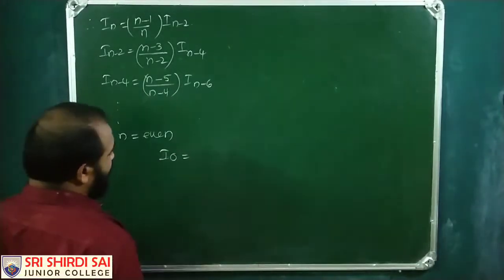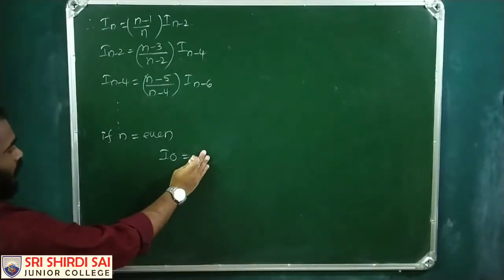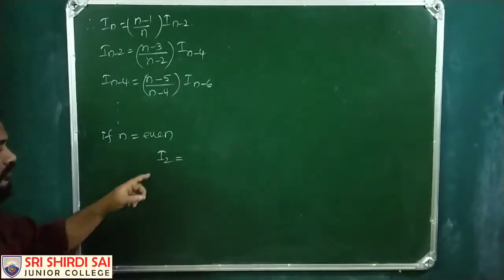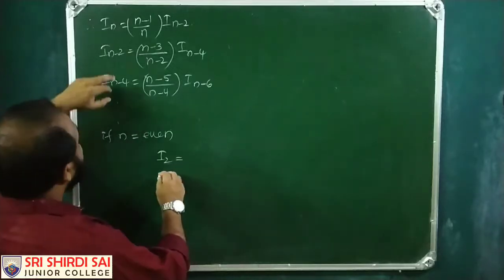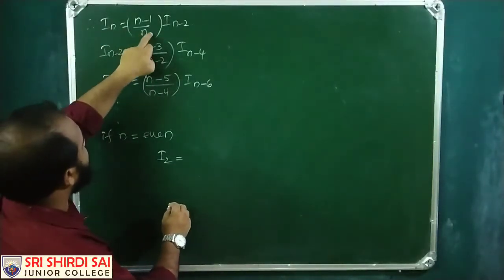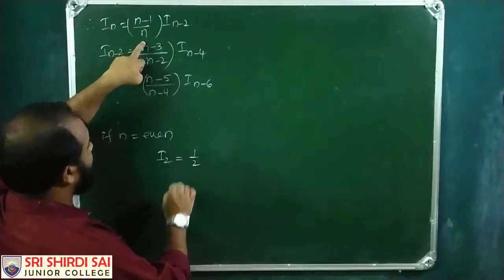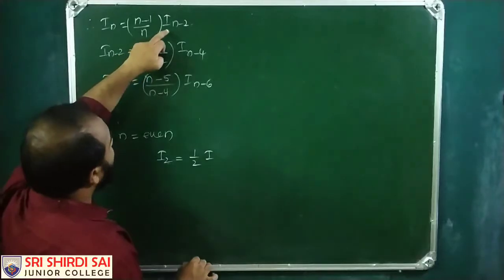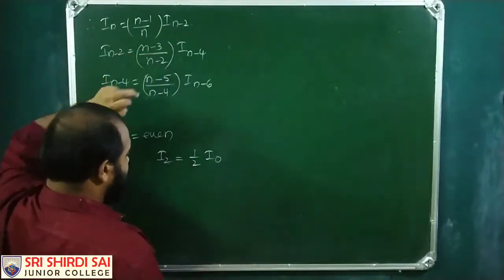If n is even, if I take I2, simply you substitute in this: n minus 1 by n, 2 minus 1 by 2, that is 1 by 2. Okay, I2 minus 2 is I0.